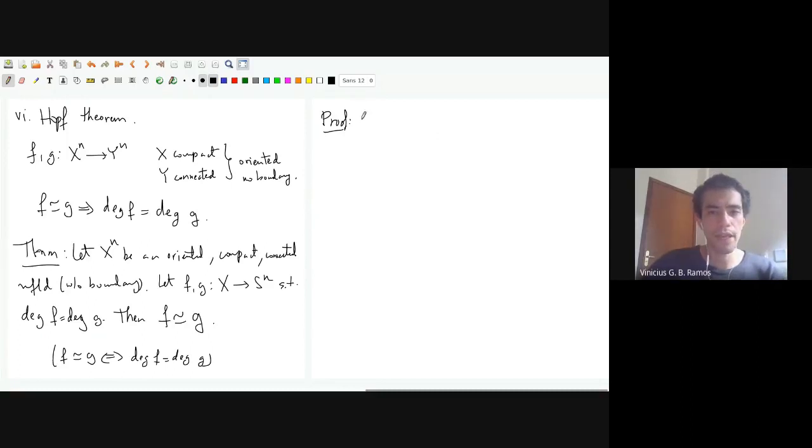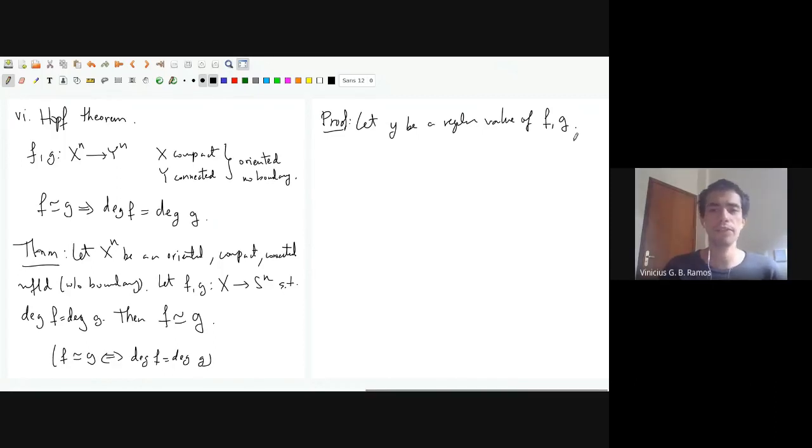So to do that, we can start by fixing a regular value of both f and g. So let y be a regular value of f and g. And you can always do that because the set of critical values has measure 0.